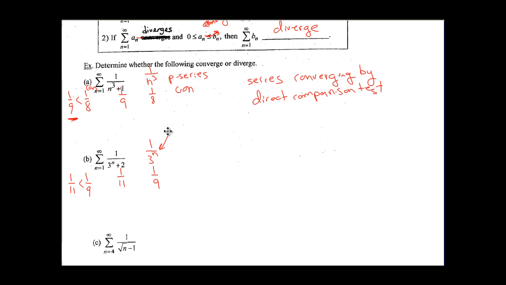So this is actually a geometric series where the first term is 1/3 and r equals 1/3, which is less than 1. So 1 over 3 to the n converges by the geometric series test, so our series converges by the direct comparison test.